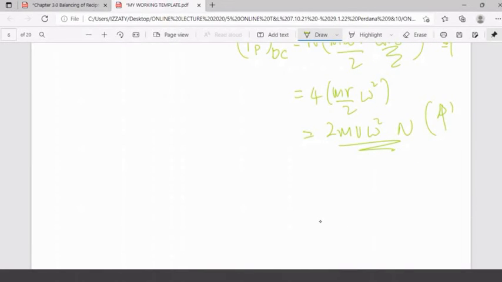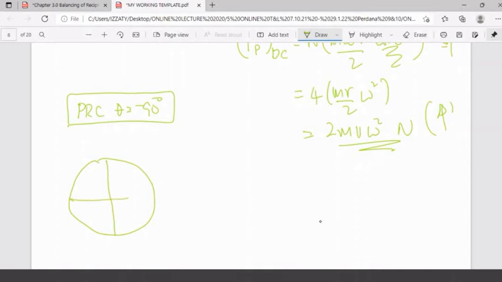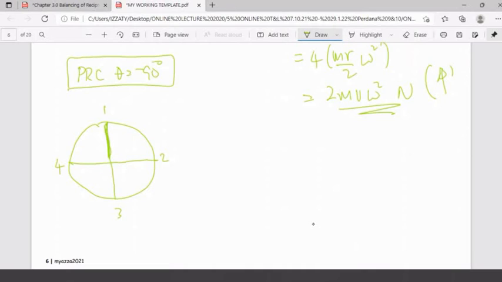This one is a primary reverse crank. Theta equal to negative 90 degrees. This one is number 1, number 2, number 3, number 4. This one is the crank. This one is the equation. This is your equation. This one is working, yeah?